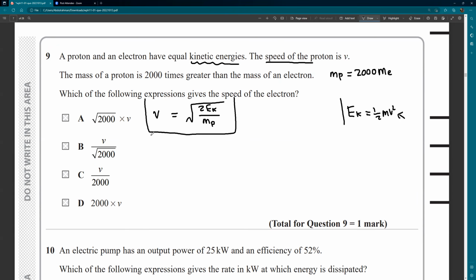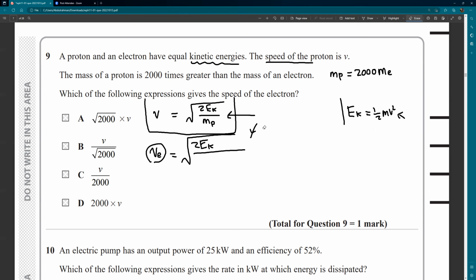Now let's get an expression for the velocity of the electron. The velocity of the electron is equal to, just like before, square root 2 times the kinetic energy, which is the same as the kinetic energy of the proton because they have the same kinetic energy, over the mass of the electron. Well, I'm going to put the mass of the electron in terms of the mass of a proton, because I am trying to get VE as something multiplied by V, the velocity of the proton.